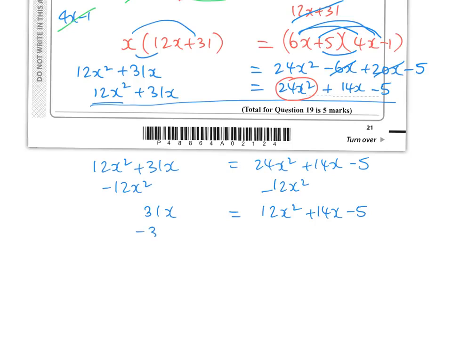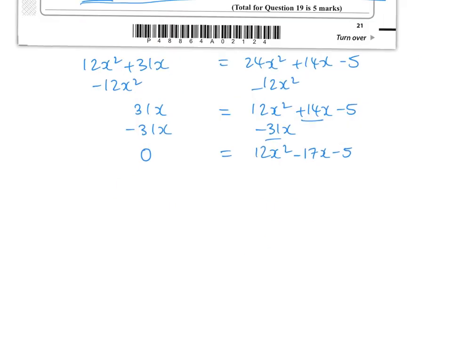I'm now going to take 31x from both sides. And that's going to leave me with 0 equals 12x squared. Now, 14 take away 31, that's going to be negative 17x minus 5. We can then look at the right-hand side and factorise that into two brackets.